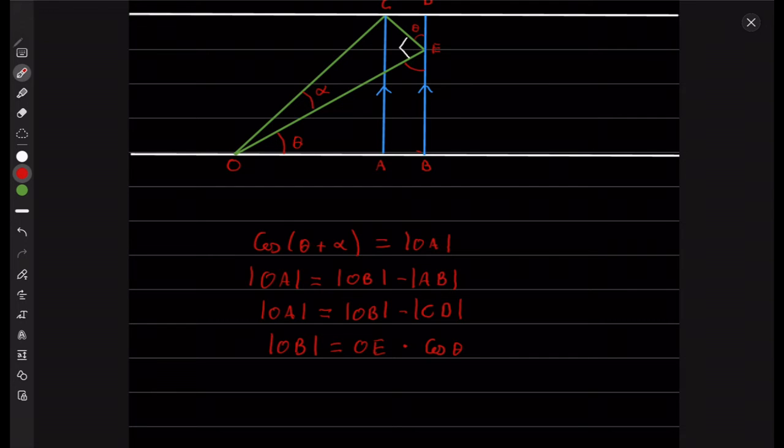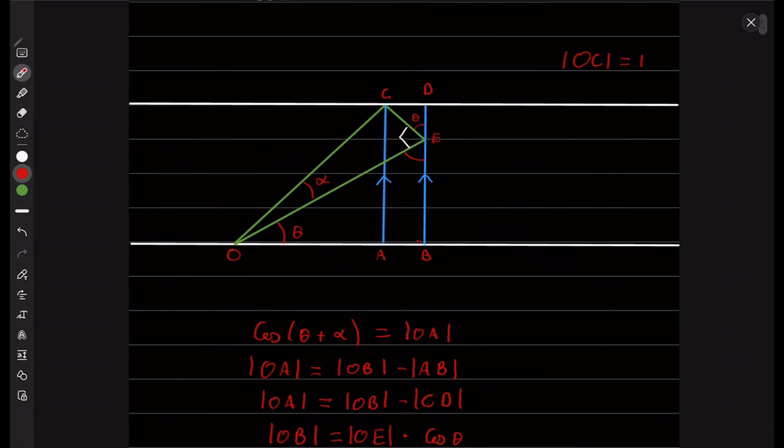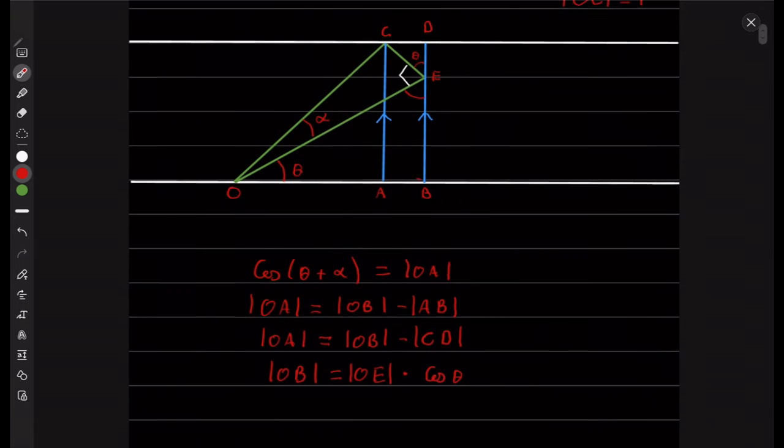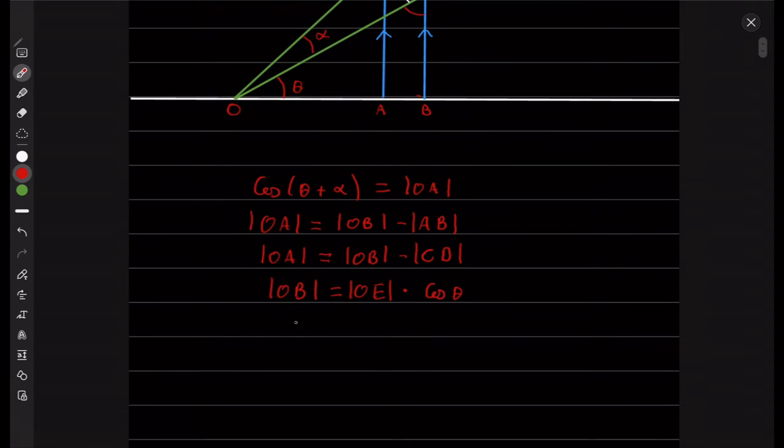We could find an expression for OE. We can see that with OC being equal to 1, OE is equal to cos alpha.